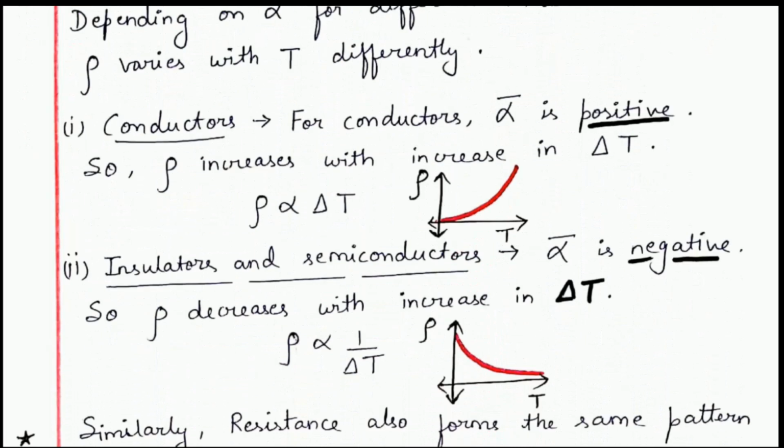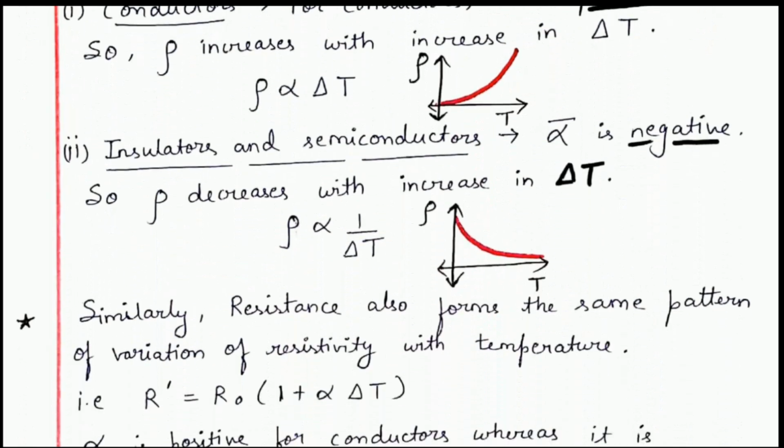But for insulators and semiconductors, alpha bar is negative, which brings out an inverse relation between resistivity and temperature. In these two types of materials, if you increase temperature, the graph of resistivity keeps falling.